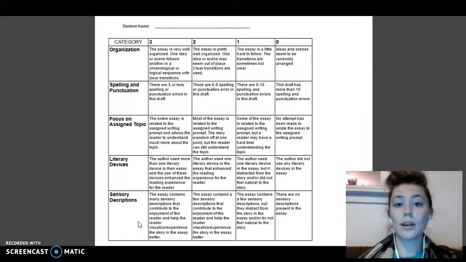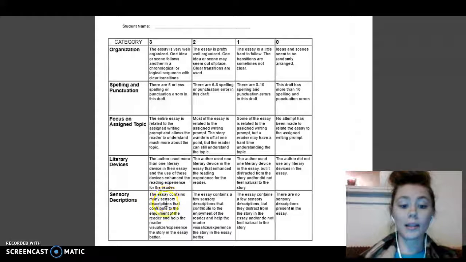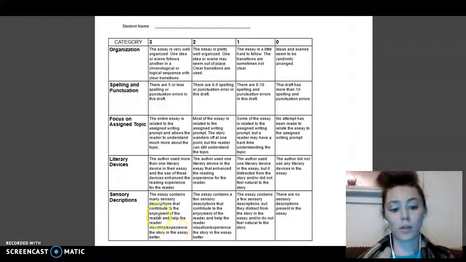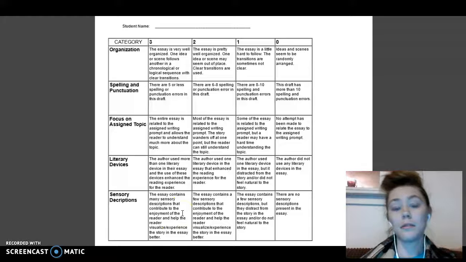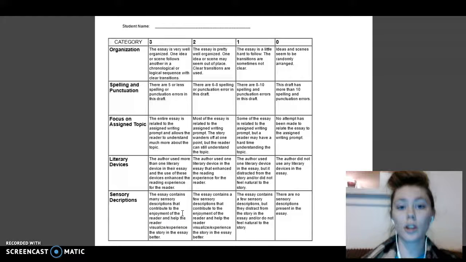It depends on your topic how many sensory descriptions you're going to use, but you have to include some for sure. So I say for 3 points, I use the word you must include many sensory descriptions and they must contribute to the enjoyment of the reader. I would say a good ballpark for that is like maybe 5 sensory descriptions. If you're not sure if you're using them correctly or underusing them or overusing them, come talk to me.